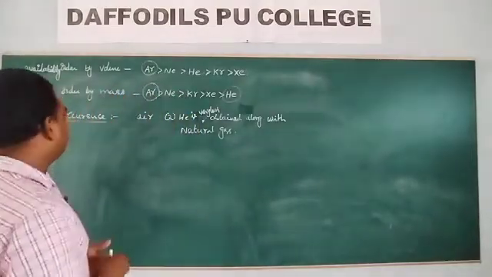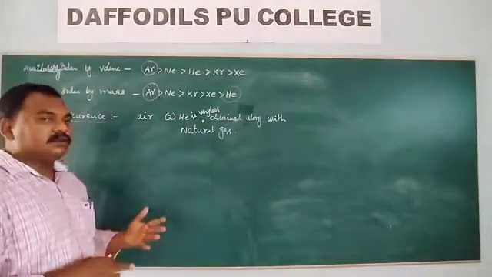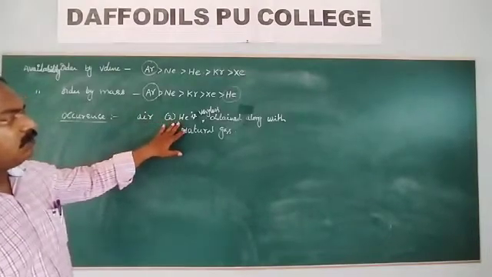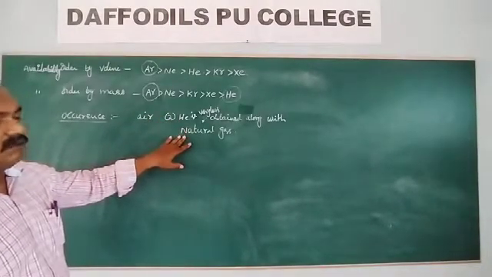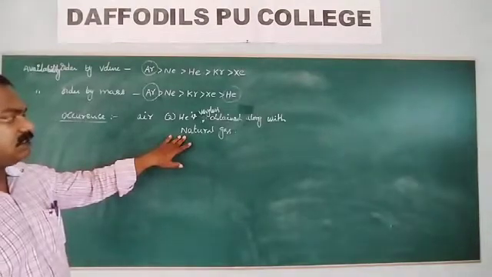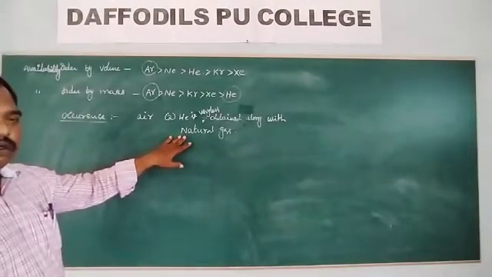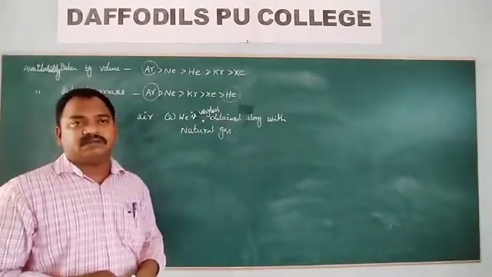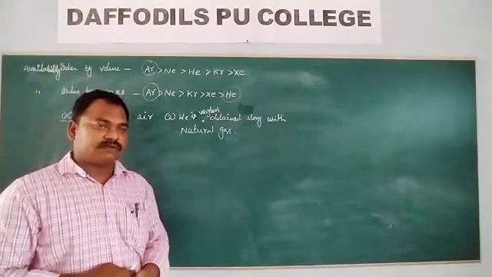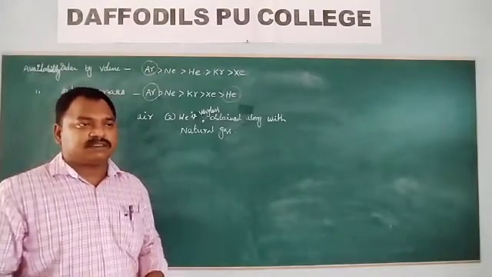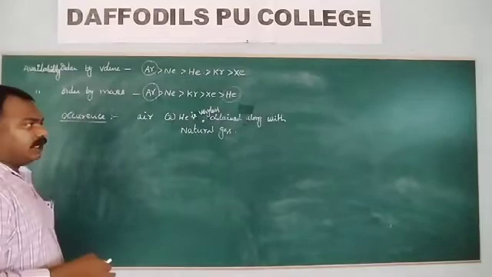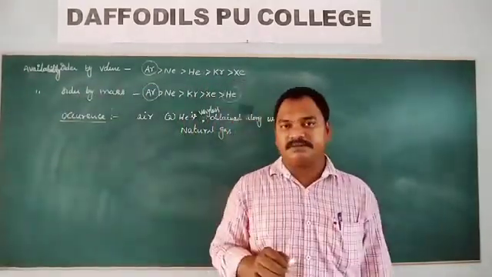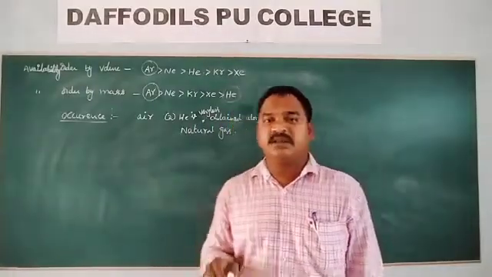These are the occurrences. So these inert gases are available in air. A small amount of helium is present along with natural gas, and small amounts of helium and other inert gases are also obtained from the minerals of radioactive elements, like cleveite and pitchblende.